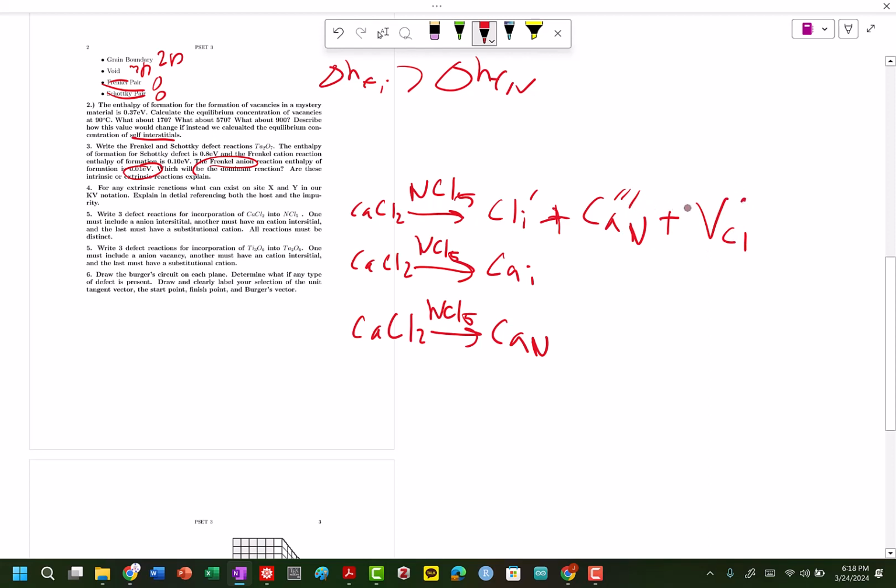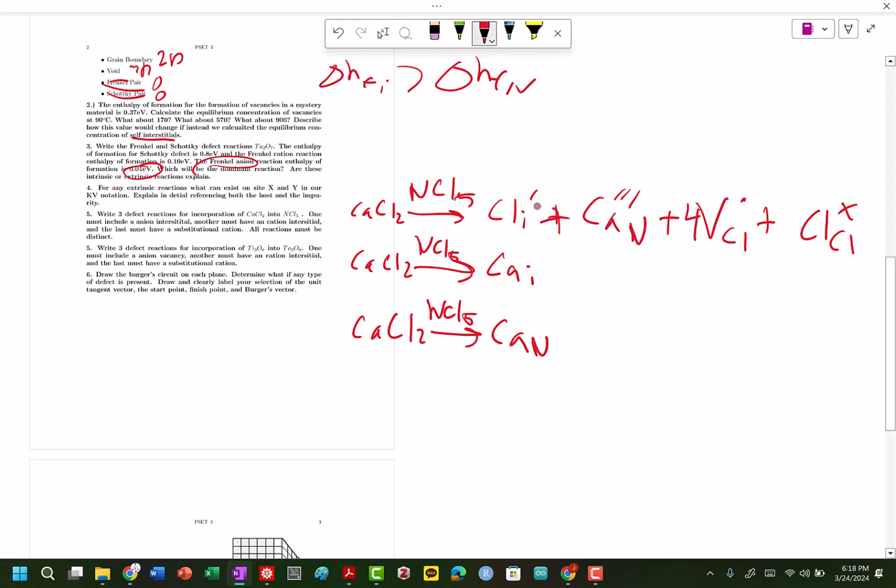I need 4 of those to be charge balanced. So CaCl2 plus, actually I only need 1, excuse me.